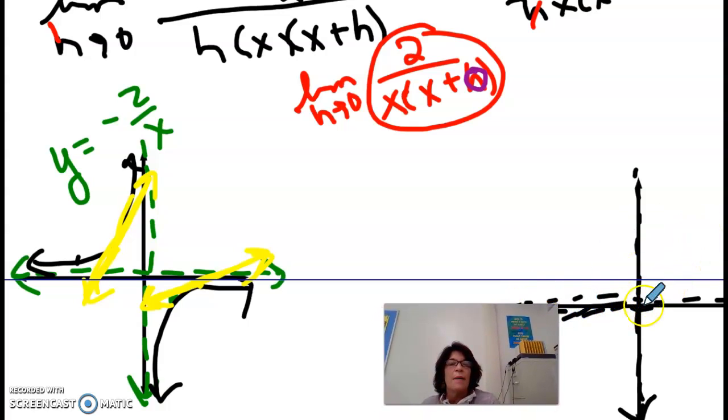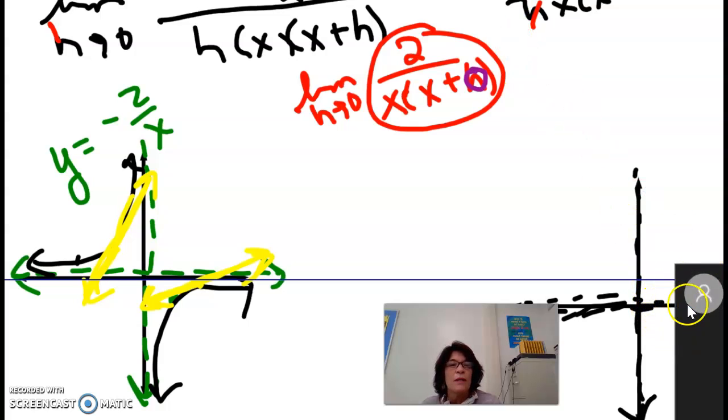However, when I put 1 in, 2 over 1 is 2. When I put 2 in, we get a half.